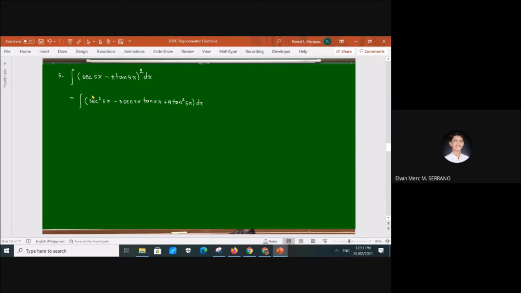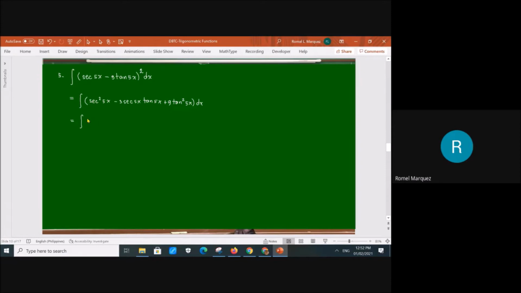In your trigo, how is secant squared related to tangent squared? We can express secant squared in terms of tangent squared, or tangent squared in terms of secant squared. Which one are we going to retain and which one are we going to transform? Secant squared is already available in the list of formulas, but there is no tangent squared, so this is the one that we're going to transform.